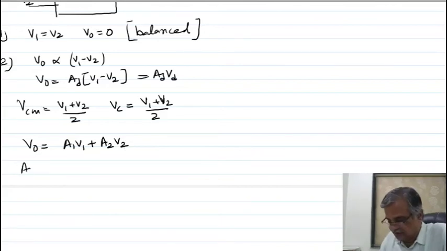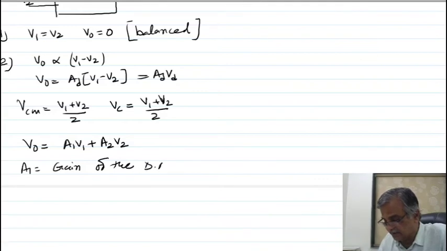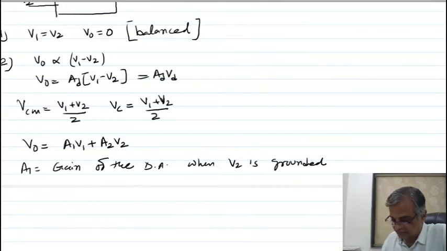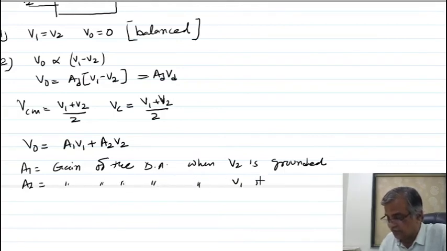Here A1 is the gain of the differential amplifier when V2 is grounded, and A2 is the gain of the differential amplifier when V1 is grounded.